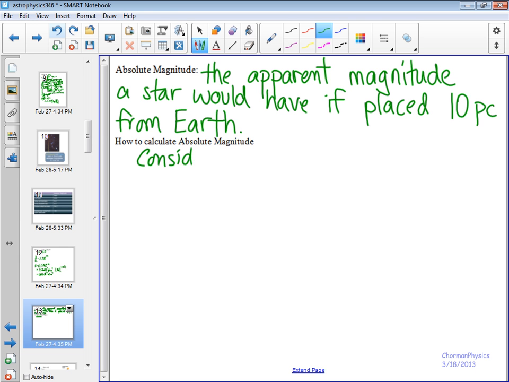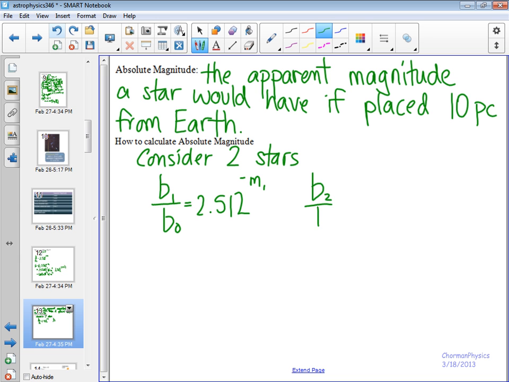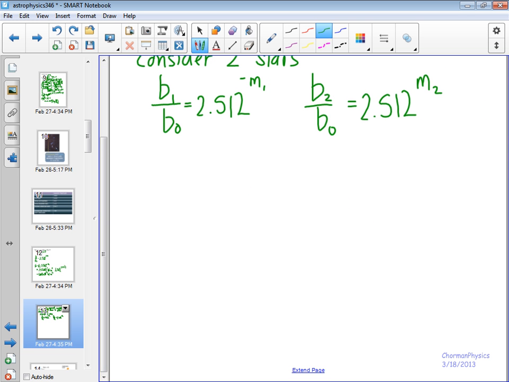So how do we calculate absolute magnitude? Well, if we consider two different stars, which in this case will be the same star from two different distances, but we're just going to consider it as two different stars. Instead of the equations that we had from before for apparent magnitude, it looks something like this, with negative m1, and the other one will look something like this.